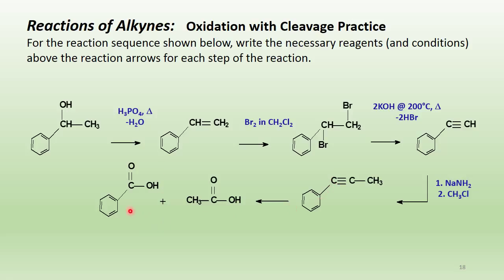We have a 2-carbon group on the right appearing as a carboxylic acid. Looks like hot acidic permanganate would cleave an internal alkyne into 2 carboxylic acids. The section on the left appears as benzoic acid, also a carboxylic acid. So hot acidic permanganate would do that last step for us.